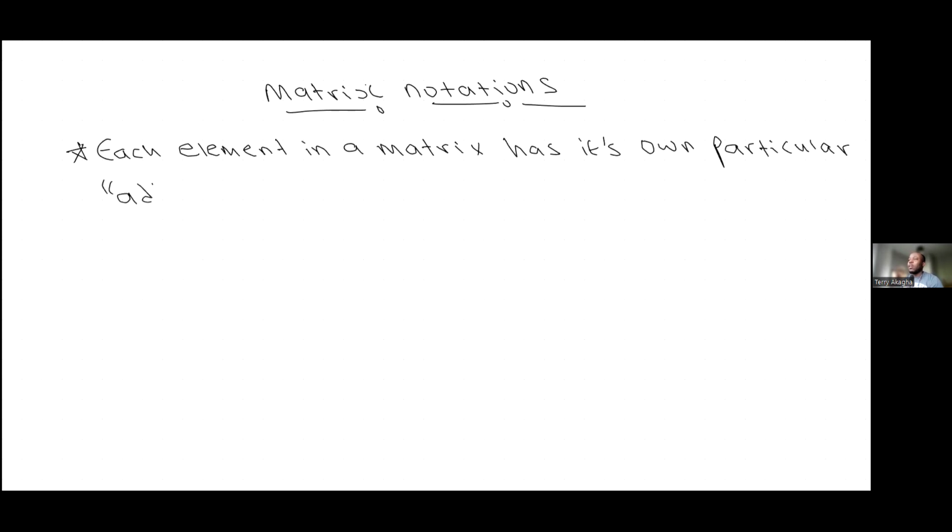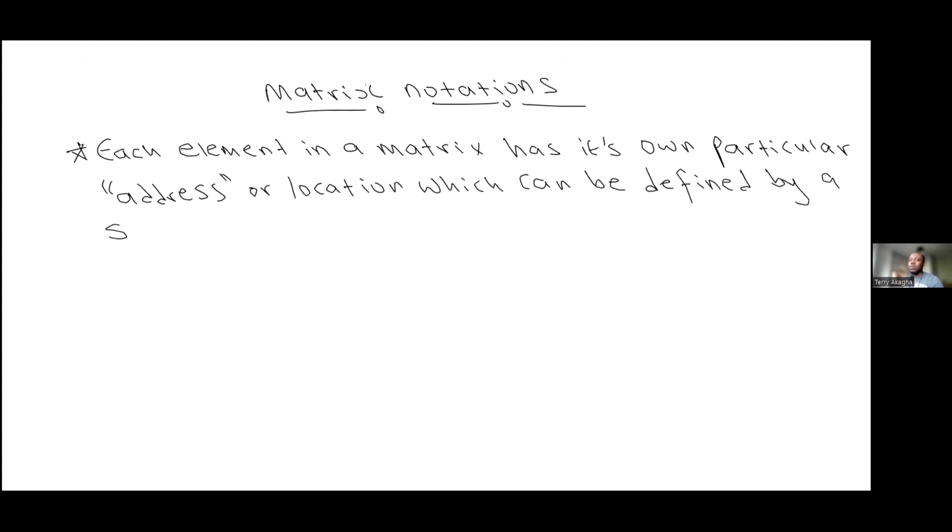That means there's a way we can locate it, or you can call it location. So each of these elements has its own particular address or location, which can be defined by a system of double suffixes.